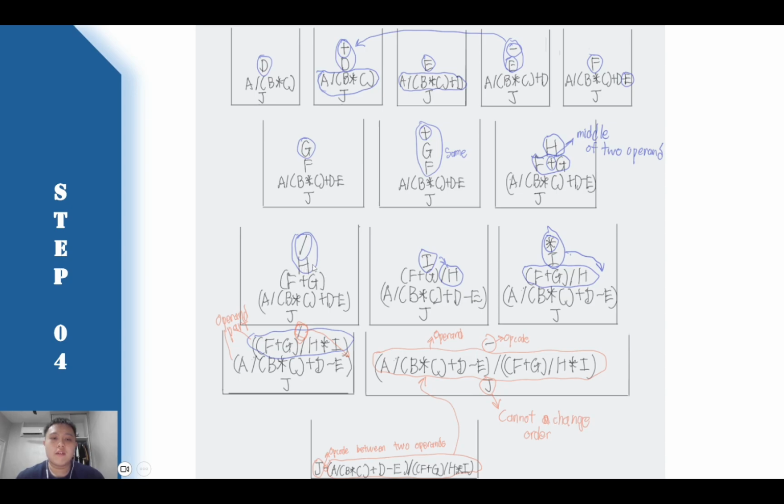One operand part and one operand with one opcode. They will become the middle part also, divide. The same concept: you just put the divide between them, and then they will become bracket F add G bracket divide H, and then you directly put I, and then put a multiply for the latest situation, and then they will combine together also, operand part with the other operand, and then the opcode, and then they will become a new situation like this.